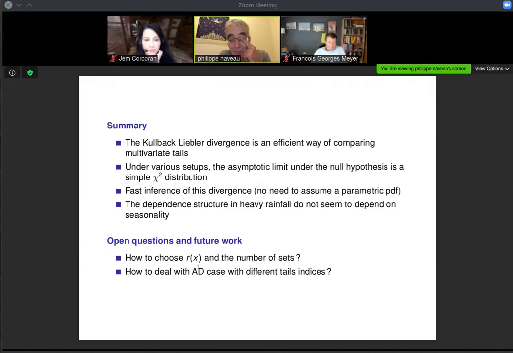What we would like is maybe an automatic way to choose r of x, because in most of the examples I showed you before, I chose r of x like the mean of x1 and x2, or x1 plus x2 plus x3, or whatever. But maybe there is an optimal way to choose r of x.